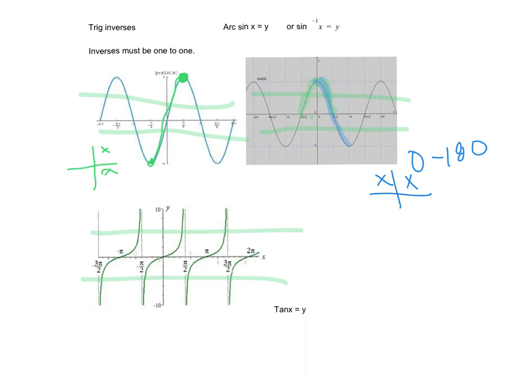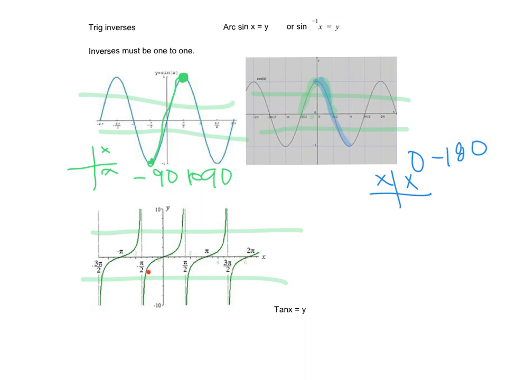Okay, so for sine, we said was negative 90 to 90. Okay, so for cosine, I'm sorry, that was cosine. Now tangent, again, I'm looking at tangent, and if I use from 0 to 180, okay, that actually works.